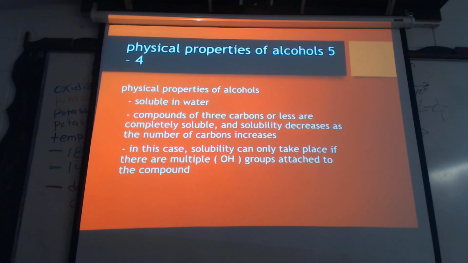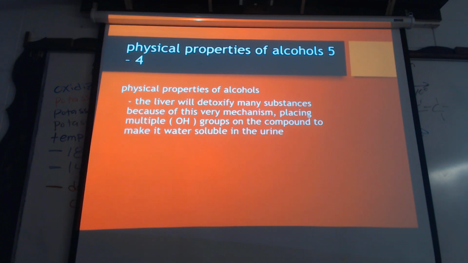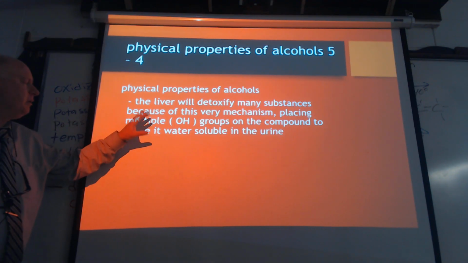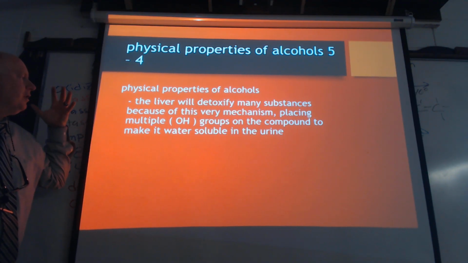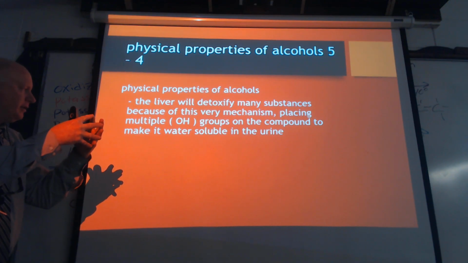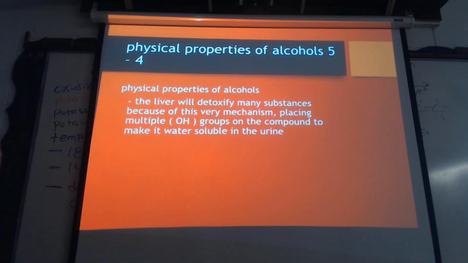Okay, and then this is what we were referring to. The idea is that because of this property, all of these OH groups, when you start attaching multiple ones, make it more soluble, because those hydroxy molecules can not so much dissolve, but intermix or intertwine with water.